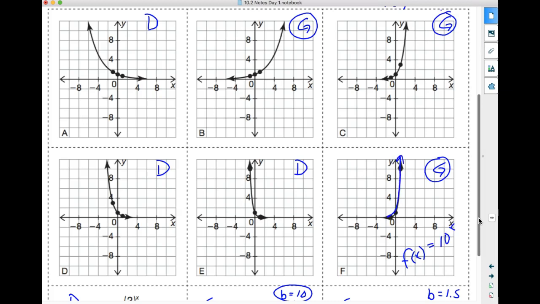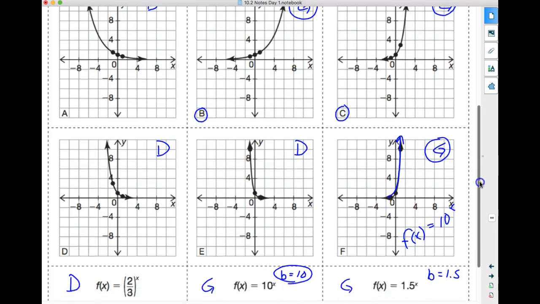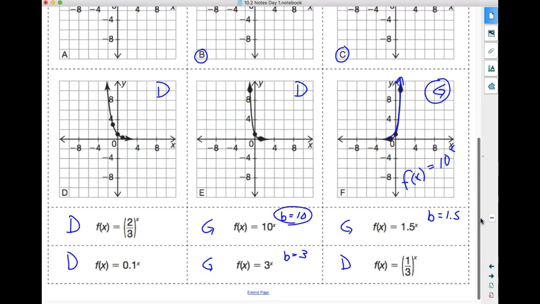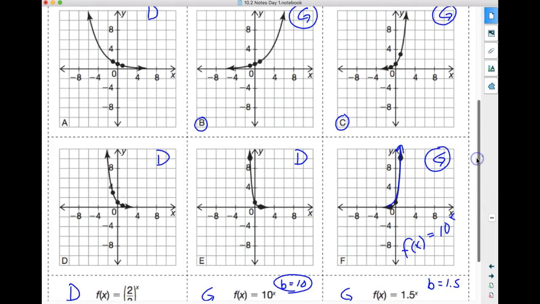The second one, notice graph C is growing faster than graph B. So graph C is going to take the next biggest b value in line. So graph C is going to be my f of x equals 3 to the x, which leaves this one to be my f of x equals 1.5 to the x power.